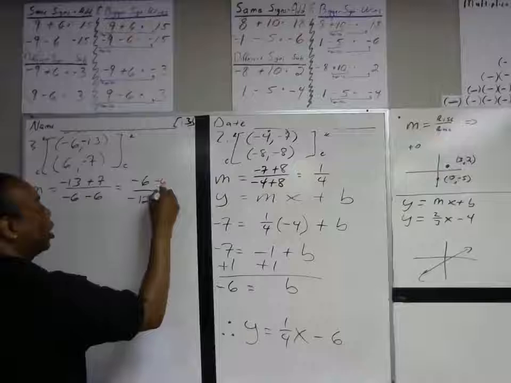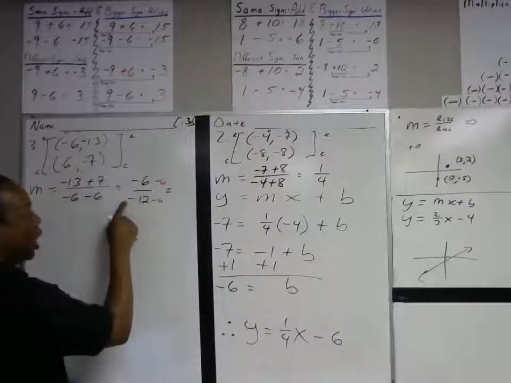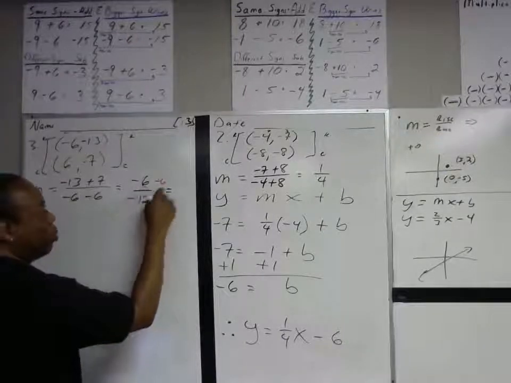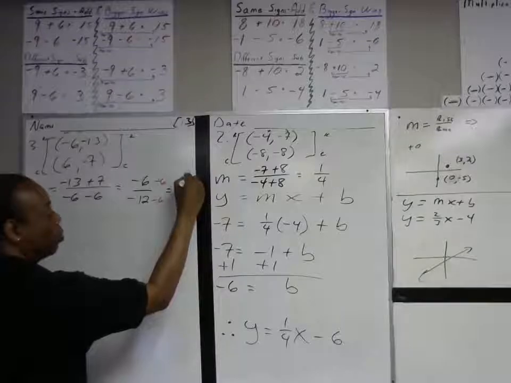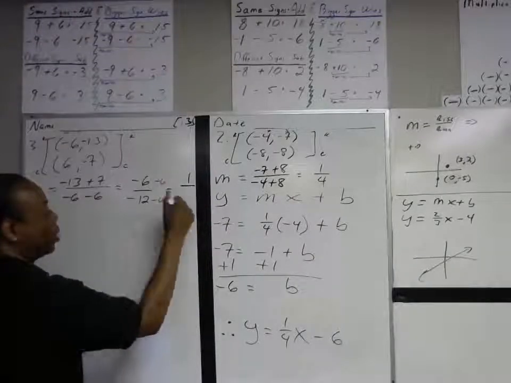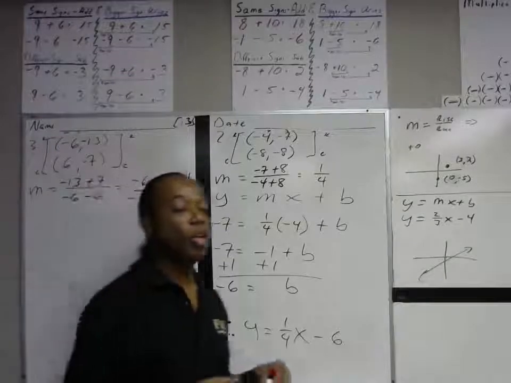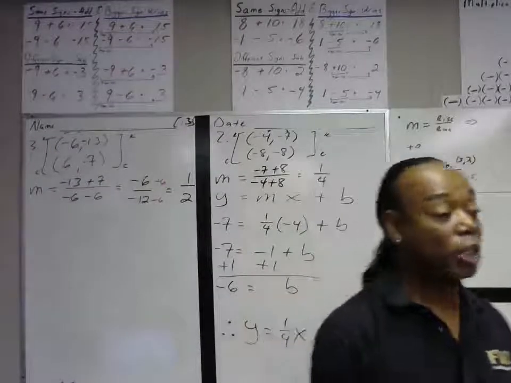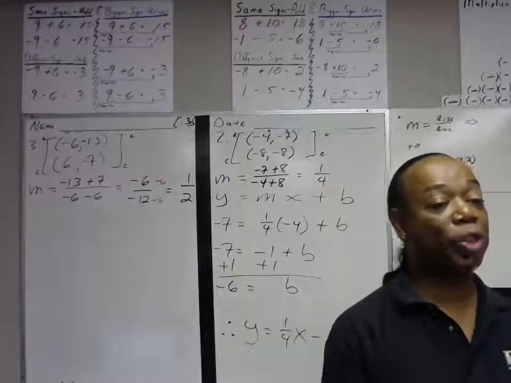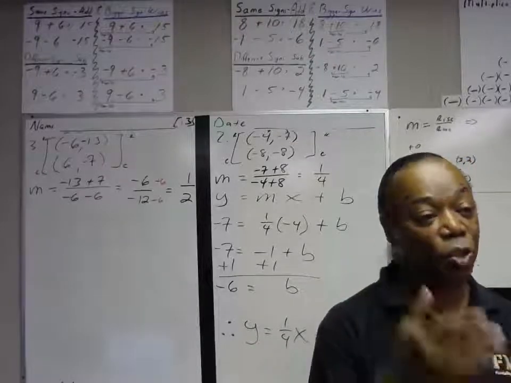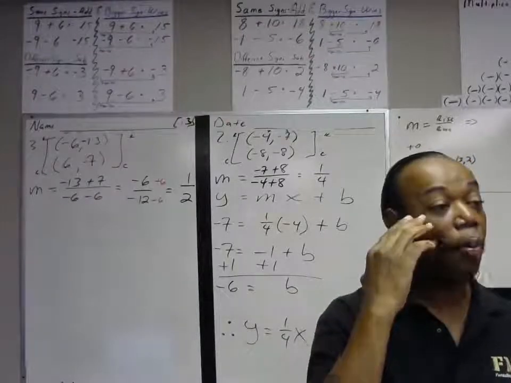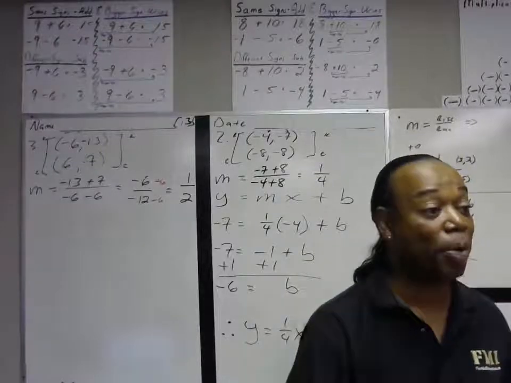When you divide by 6, the negatives are going to cancel first. And 6 divided by 6 is what? 1. 12 divided by 6 is 2. So it's positive 1/2. So make sure to go through the steps, because if you look at it, you will think that the answer should be 2, but when you actually work it out, it ends up being 1/2.